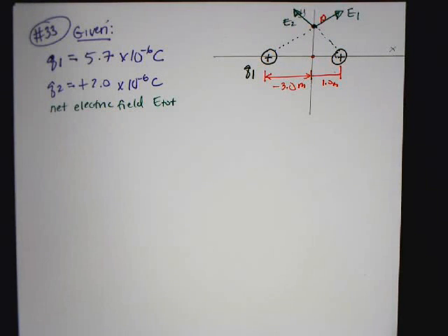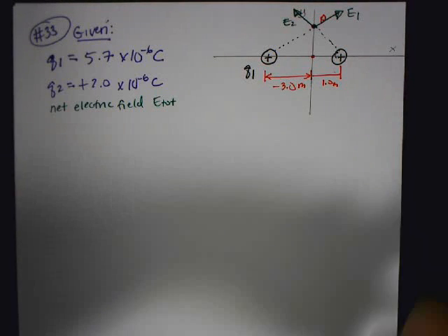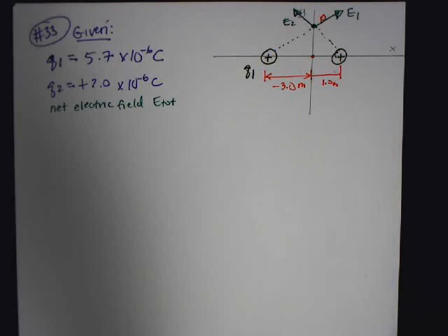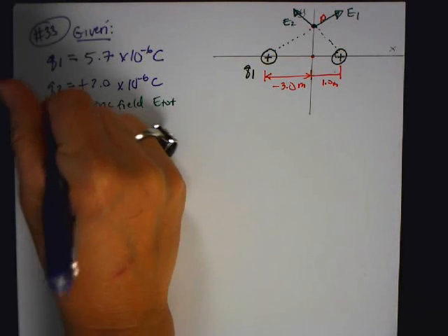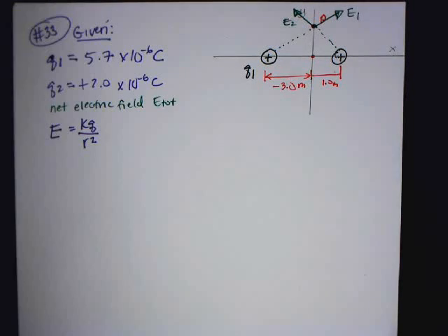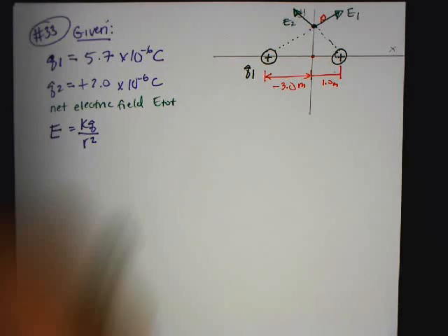Now this is not a right triangle. What I would do is use law of cosines and law of sines, but we won't do it that way. We're going to do it the same way that we've done it all along. We'll do our table. So first I have to say to myself, what's the equation for electric field? So E is equal to KQ over R squared. So I'm going to calculate E1, and then I'm going to calculate E2.